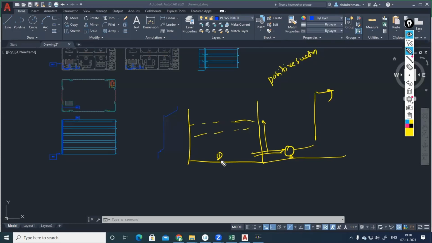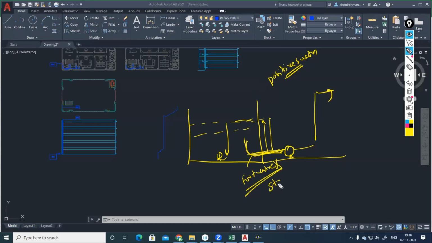It means the pump is located within the water, a submersible pump, or the water level is above the pump suction. That is called positive suction. In positive suction, you don't need to do priming. Priming is not mandatory because we always have water in the suction line by gravity. In positive suction, a foot valve is not mandatory.